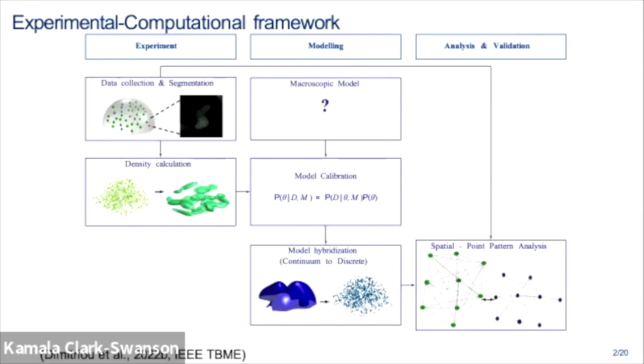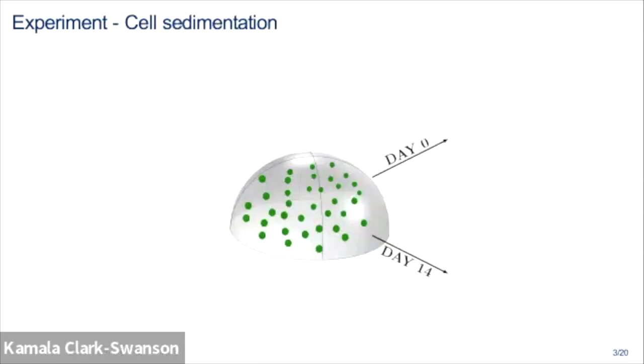But as you can see here, I have a question mark on the macroscopic model, and I can tell you that before we started our 3D culture experiment, we hypothesized that a reaction-diffusion model would be sufficient for our work. However, biology keeps surprising us, because as you can see here, we started with this geometry where we have Matrigel mixed with triple negative breast cancer cells.